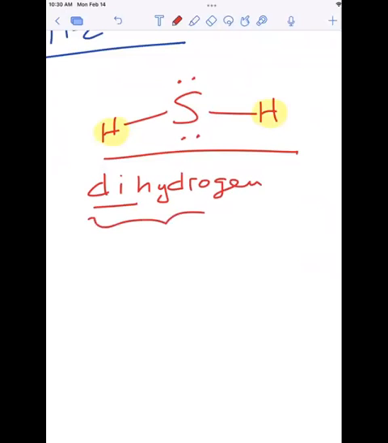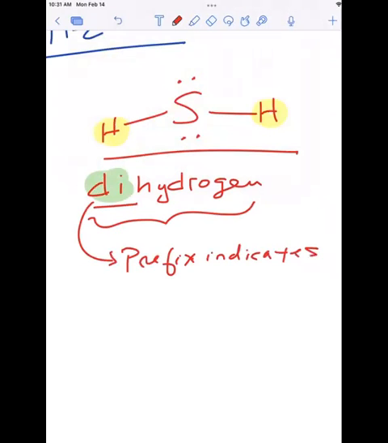Dihydrogen. Because I have two hydrogens, I'm going to use this prefix. That's going to tell me the number of that atom, so since there are two hydrogens, I'm going to call it dihydrogen.